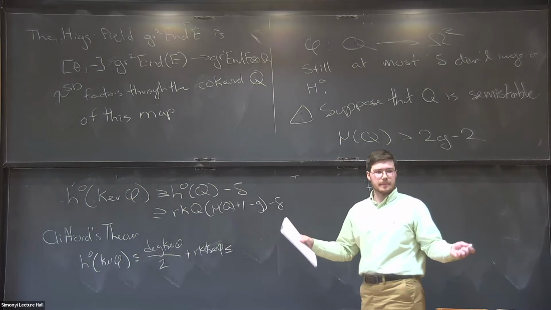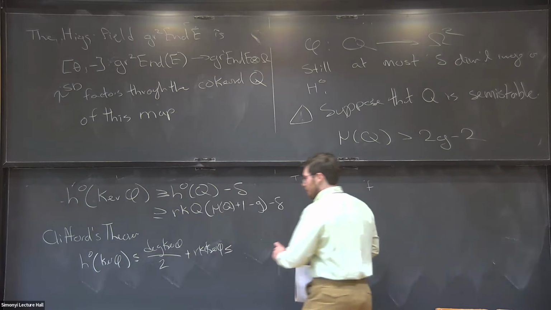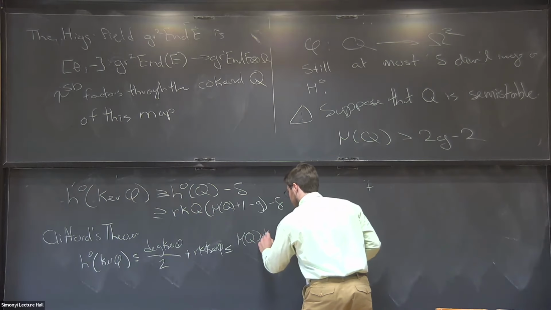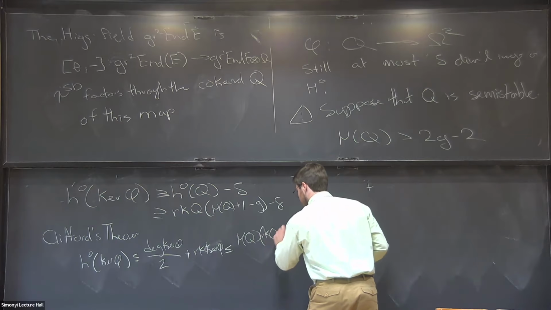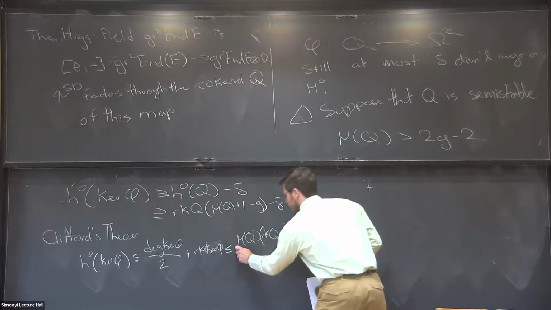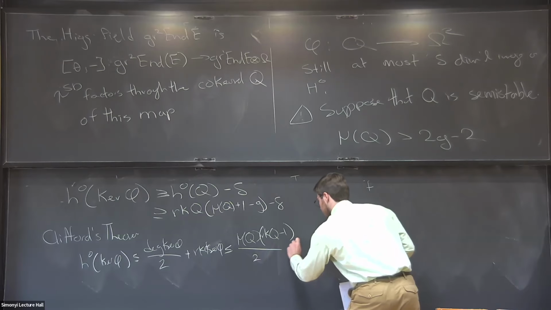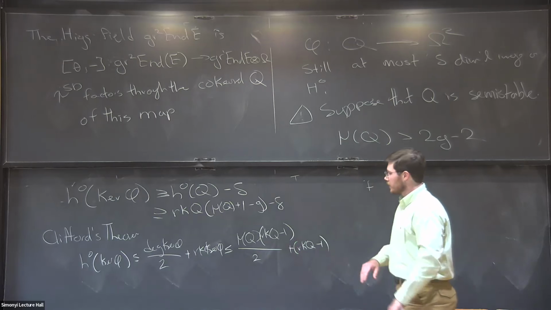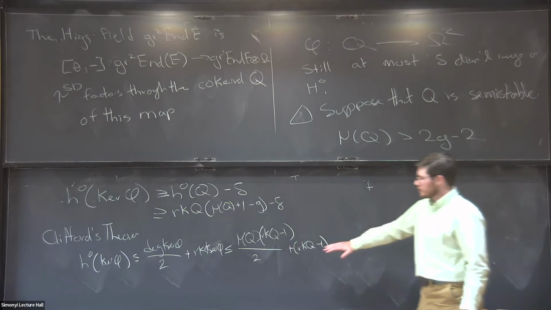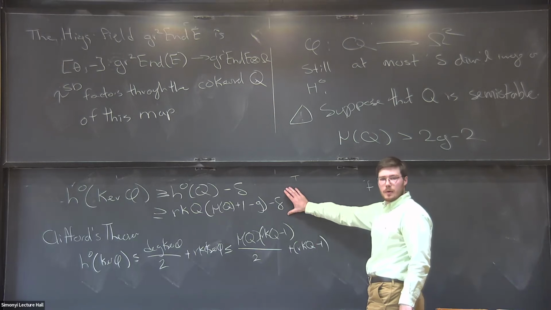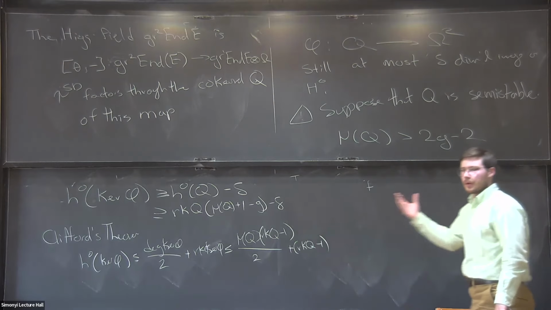But using that semi-stability hypothesis, that's going to be at most the slope of Q times the rank of Q minus 1, the kernel has to be proper because this map is non-zero, divided by 2, plus the rank of Q minus 1. Okay. So this quantity here has to be larger than this quantity here. At this point, you just solve.